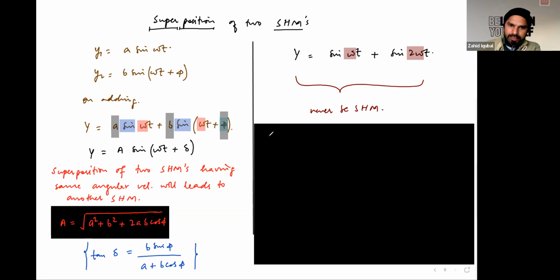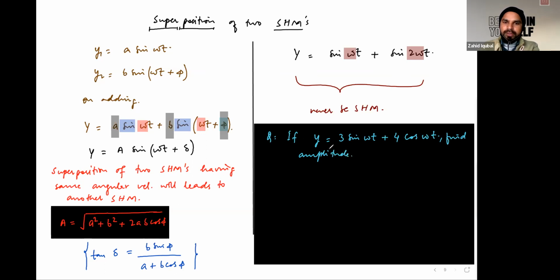Now there will be a question related to this part. If y is equal to 3 times sine omega t plus 4 times cos omega t, you will be asked to find the amplitude of this particular equation.